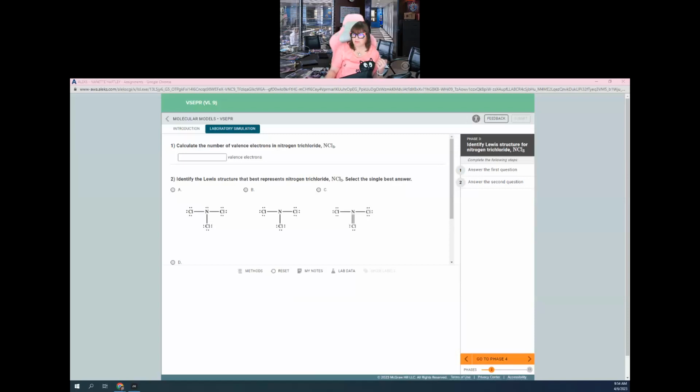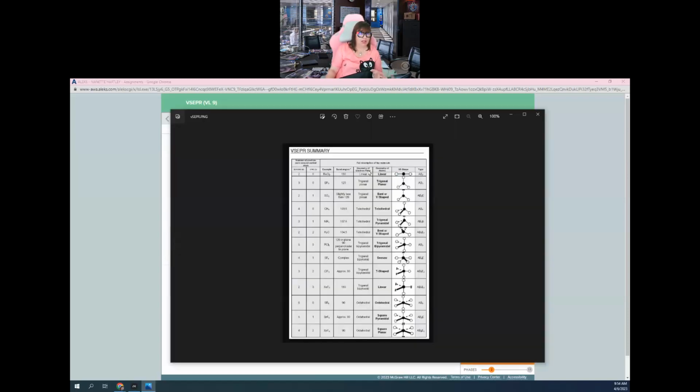This is the VSEPR table that you will get on the test, so you might want to practice with this one. So looking at the geometry of the electron pairs and then the geometry of the atoms. This is your electron pair geometry. This is your molecular geometry. So I'm going to post this to D12, that way you guys can see it and you have it available to you because it's not in the exam handouts. So I'll make sure that I get that posted for you.